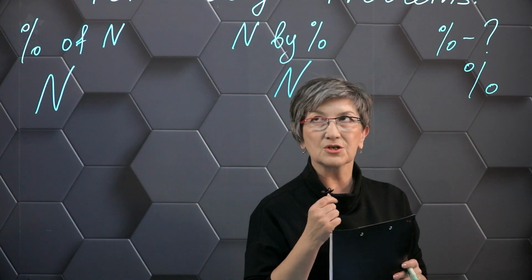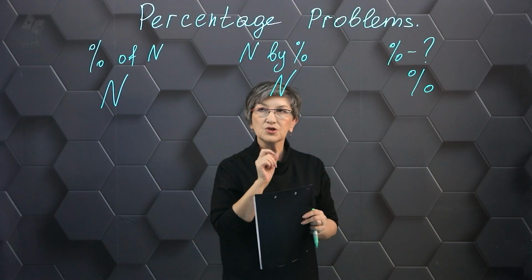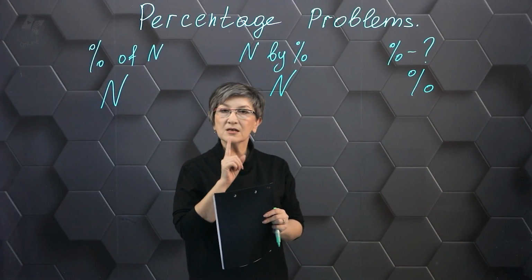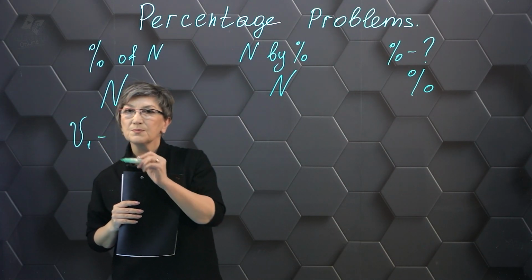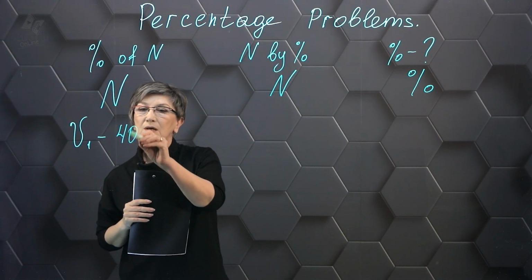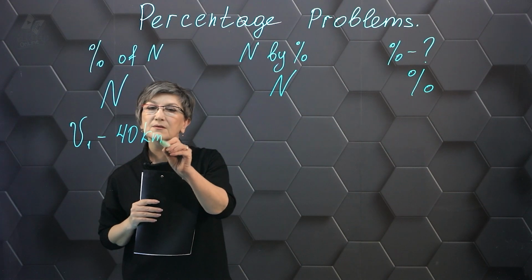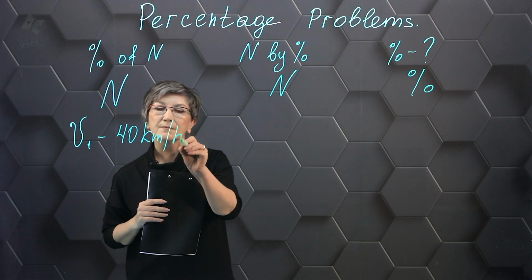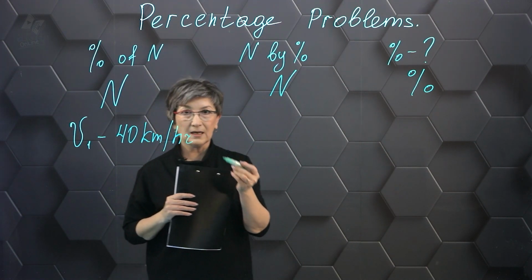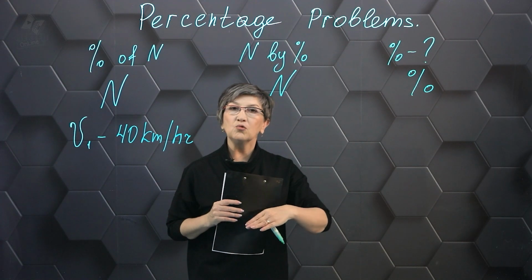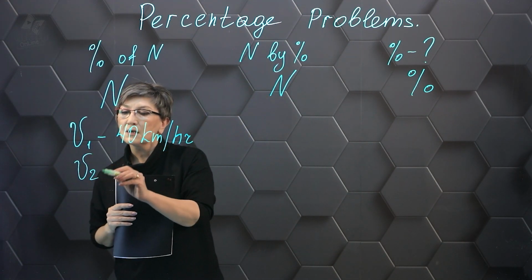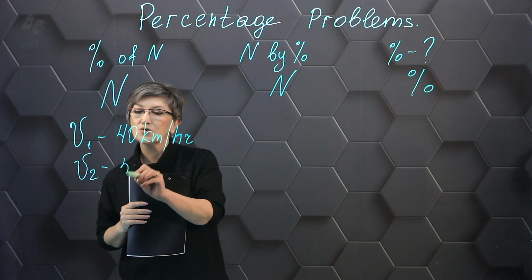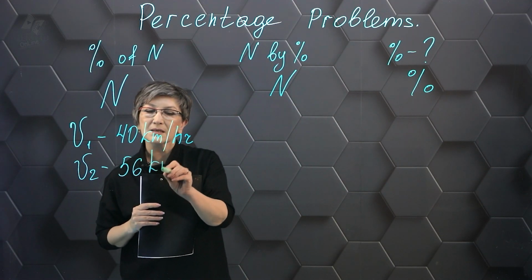The problem is as follows. The initial speed of the car, which I'm going to write down as speed 1, was 40 kilometers per hour. Next, the car increased its speed and started going at 56 kilometers per hour.